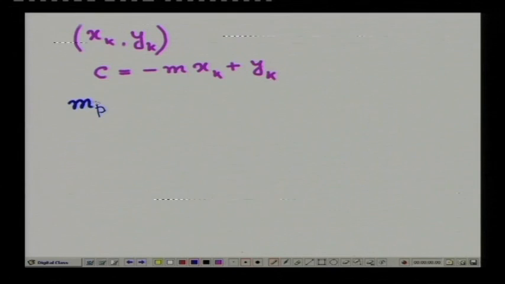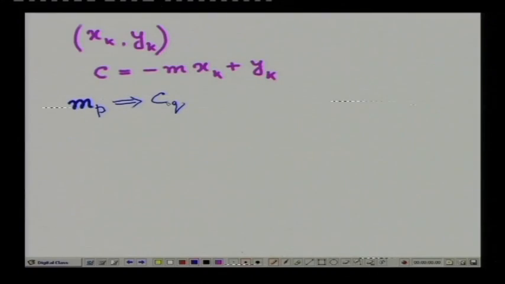When I put this value M_p in this equation, suppose the corresponding value of C I get after solving is, say, C_q. And you remember that we have initialized all the accumulator cells to a value of 0.